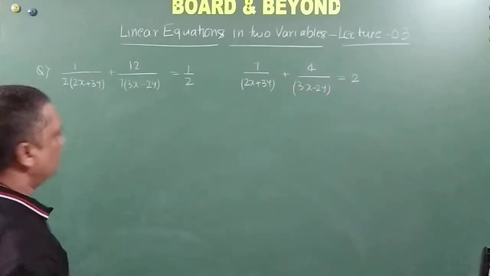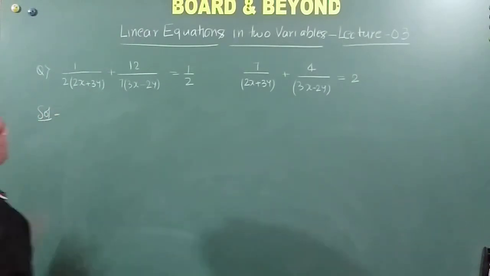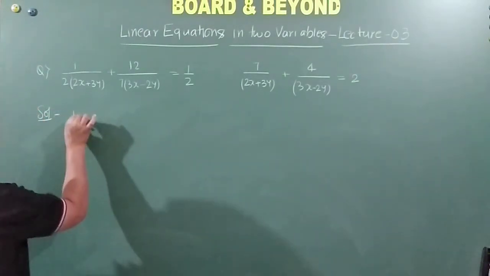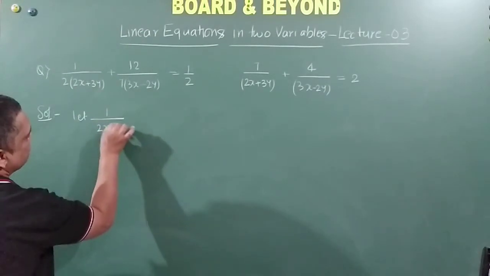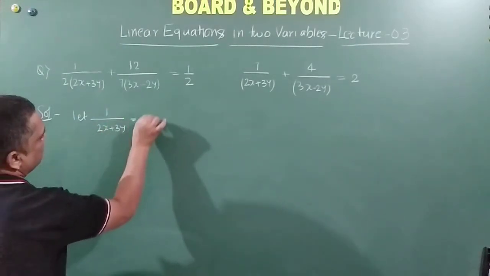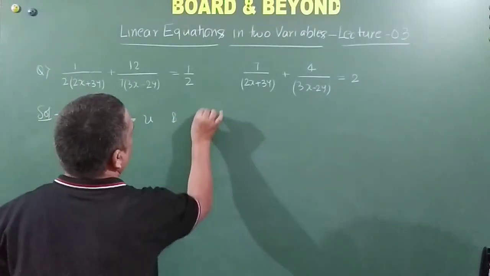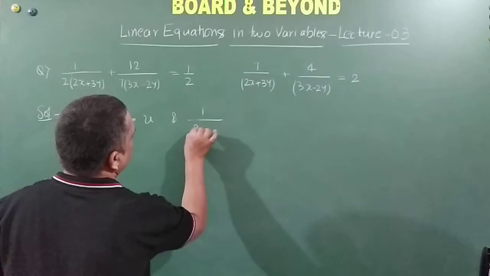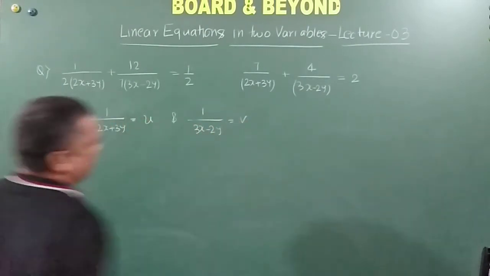So as we did in the last problem, let 1 divided by 2x plus 3y be equal to u, and 1 divided by 3x minus 2y be equal to v.